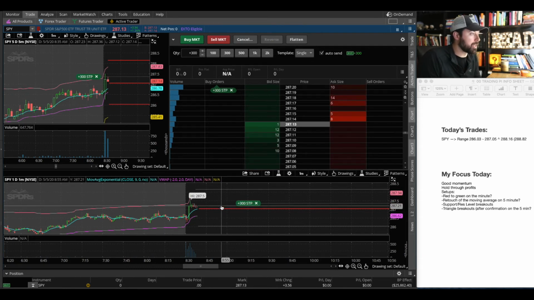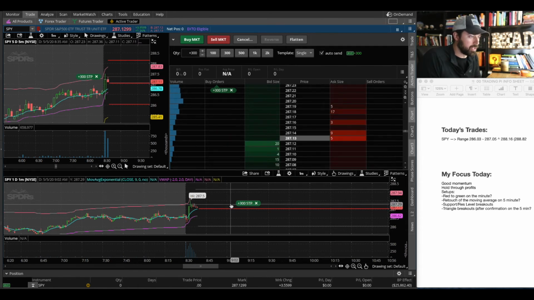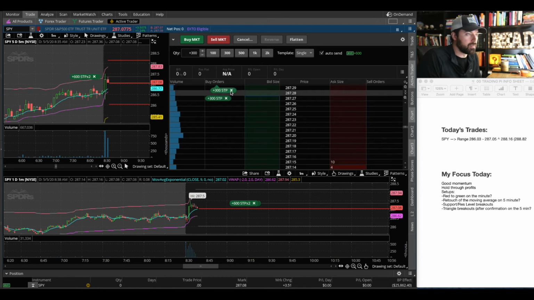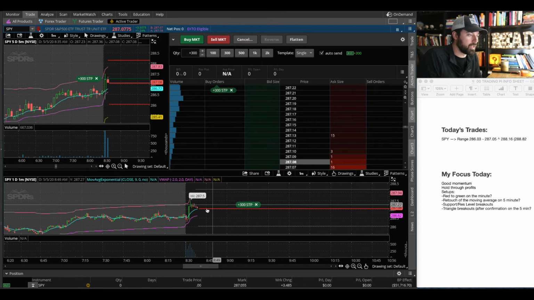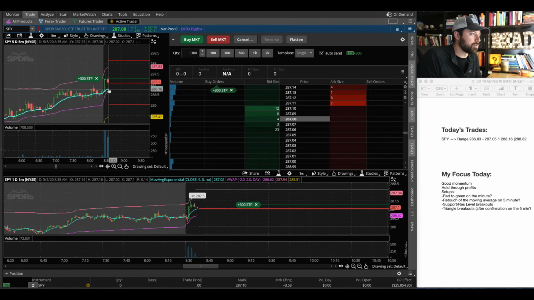Okay, so now I'm actually going to tighten this up a little bit because we're seeing some consolidation. I'm playing this bounce. If it bounces, it might have a little bit of oomph, a little bit of momentum. If not, this might fail back down, and we'll play the retouch of the moving average.